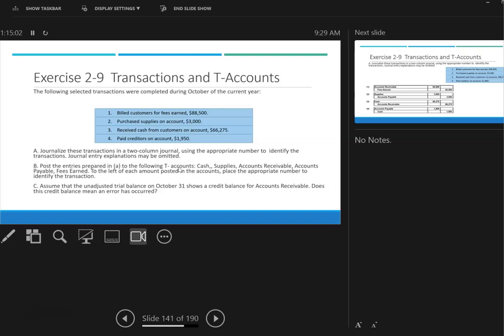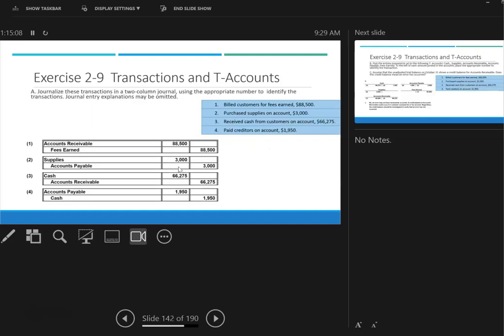In here, the same thing. We've got some transactions, and what they want us to do is show the journal entries. So when we bill customers for fees earned, we do accounts receivable, fees earned. When we purchase supplies on account, that means supplies, accounts payable. Is that right?